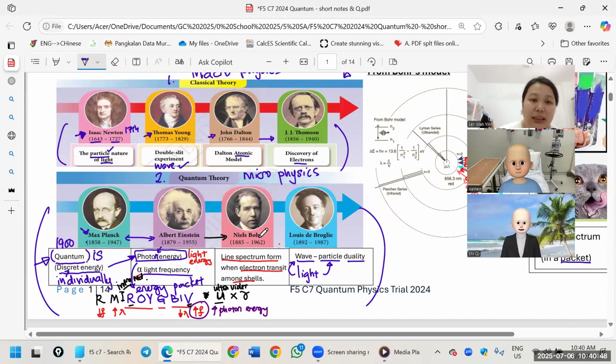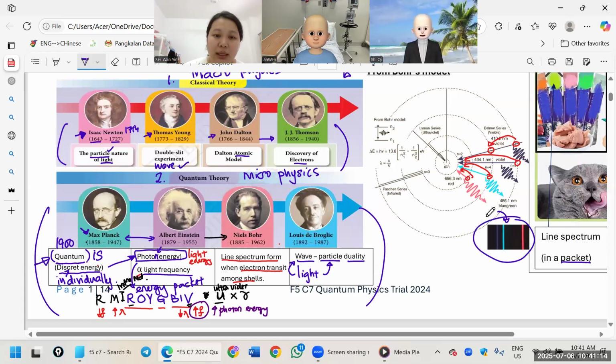Then Albert Einstein invented the name photon. Photon is energy, and photon energy is directly proportional to the light frequency. Niels Bohr said the light spectrum forms when electrons transit among shells. Then finally Louis de Broglie said light has duality, which can be wave, can be particles.